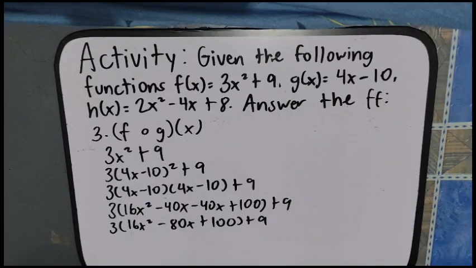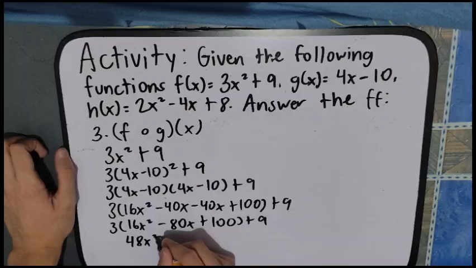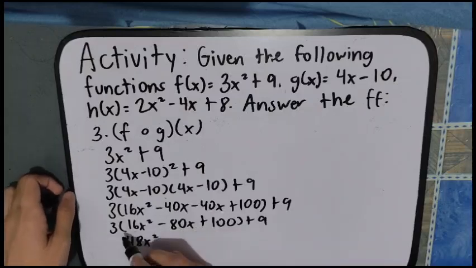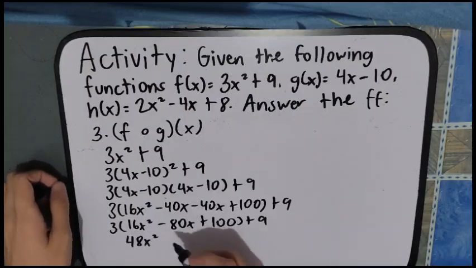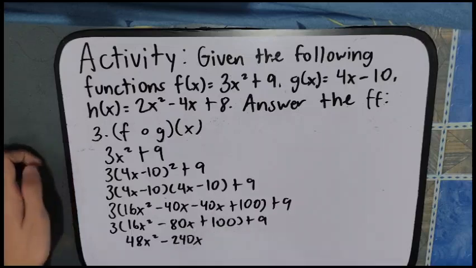After that, we're going to distribute 3 to 16x squared, negative 80x, and then 100. So 3 times 16x squared, we have the answer of 48x squared. Then 3 times negative 80x, we have the answer of negative 240x.